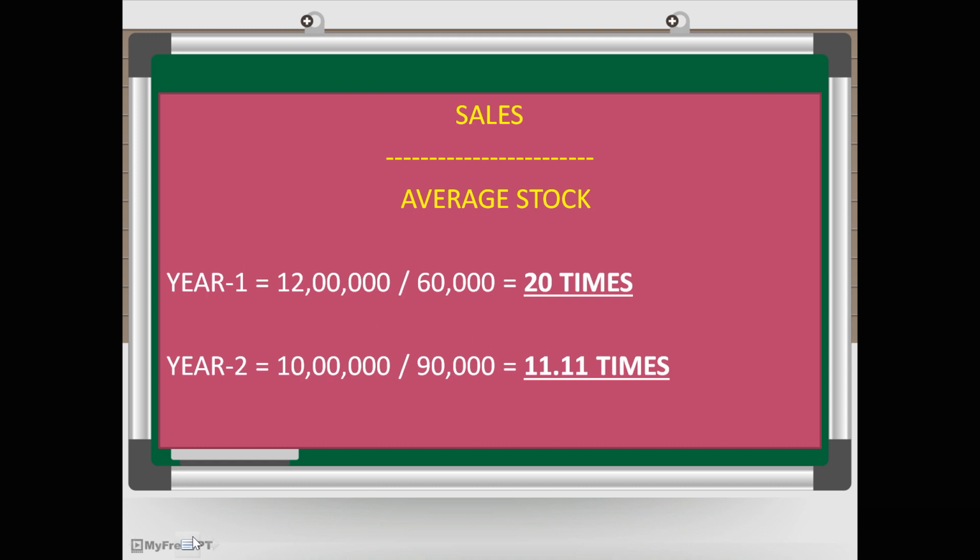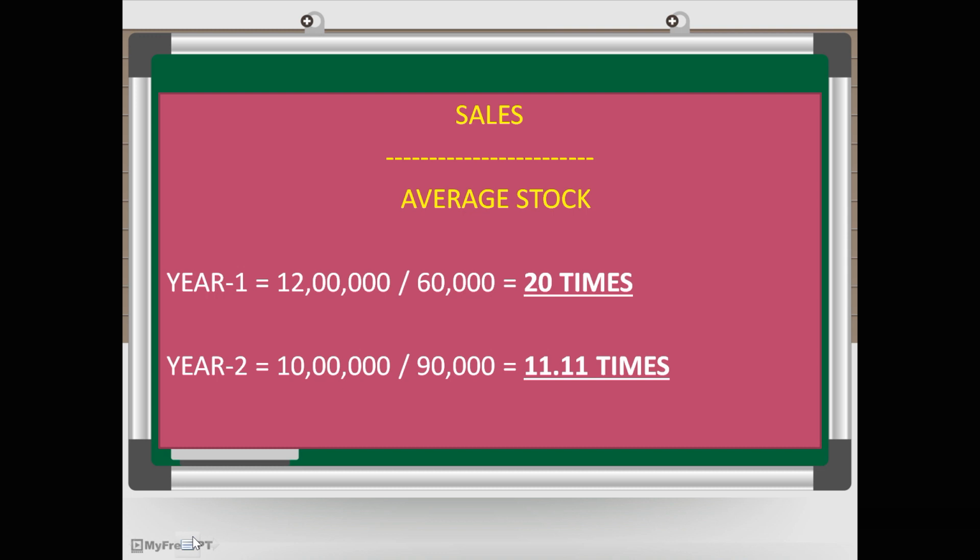And this gives us the stock turnover ratio of 11.11 times. So we have the stock turnover ratio in a very different way this time.